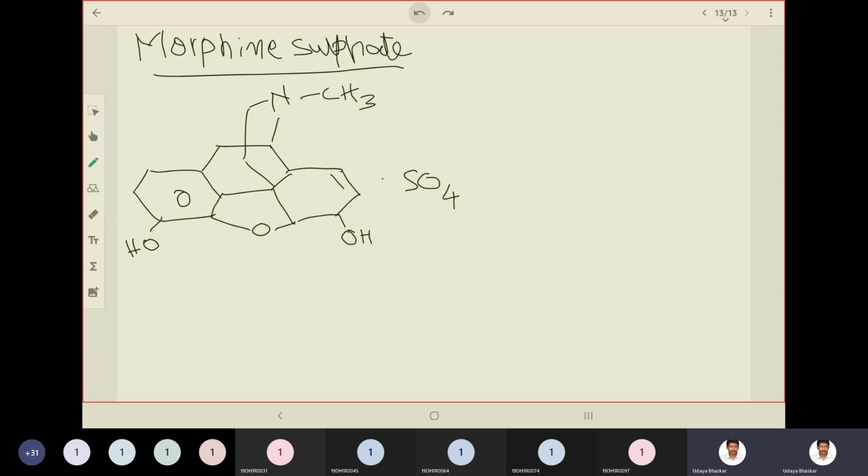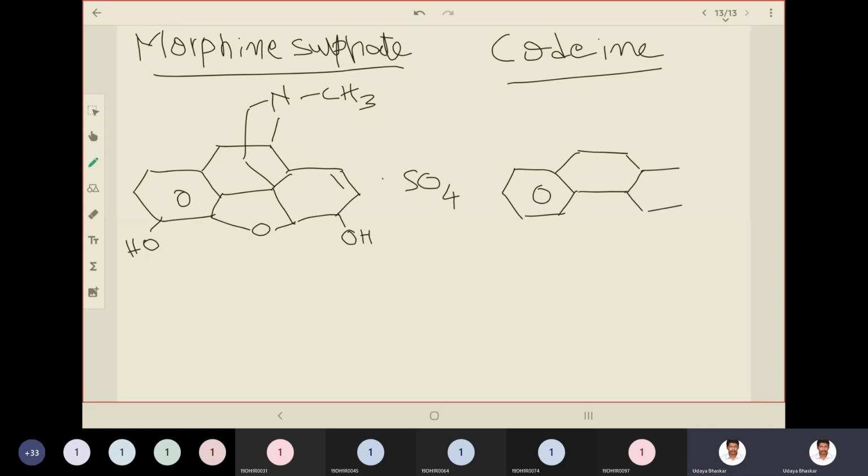Let us compare the structure of codeine, which also looks similar to that of morphine. Codeine is also a pentacyclic ring. So draw morphine as such. Draw the structure of morphine and observe the change.